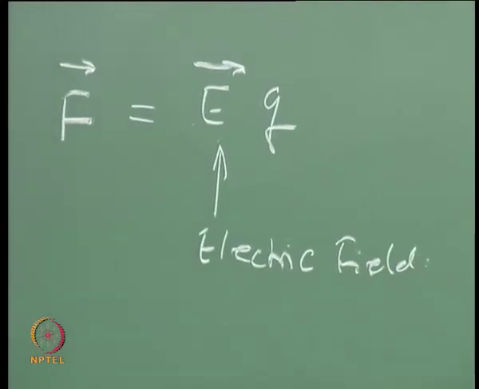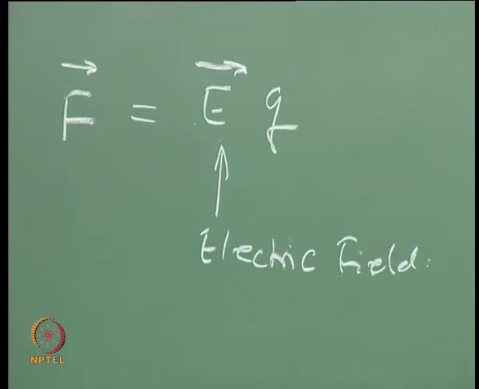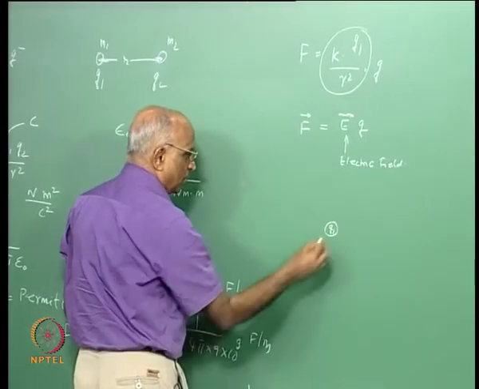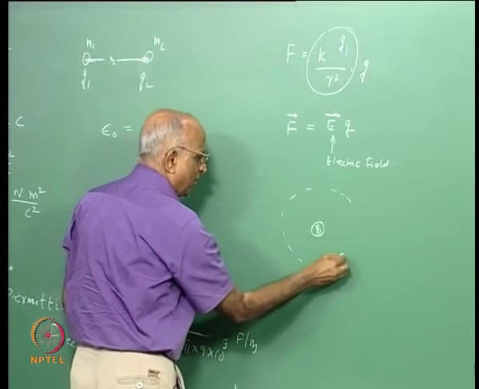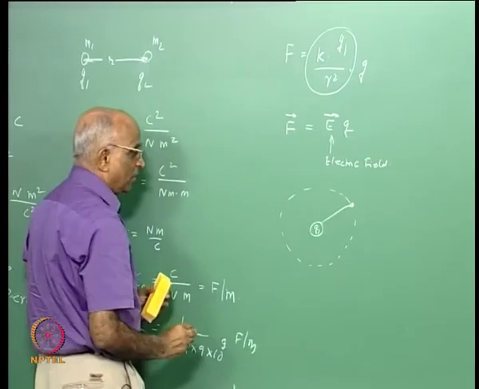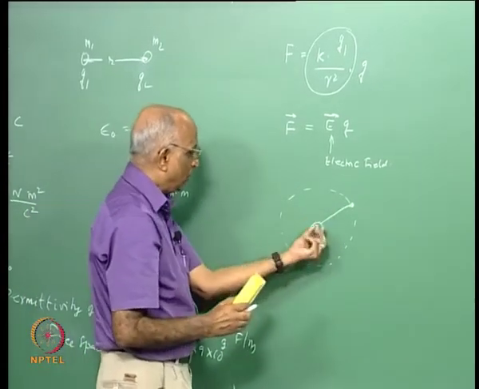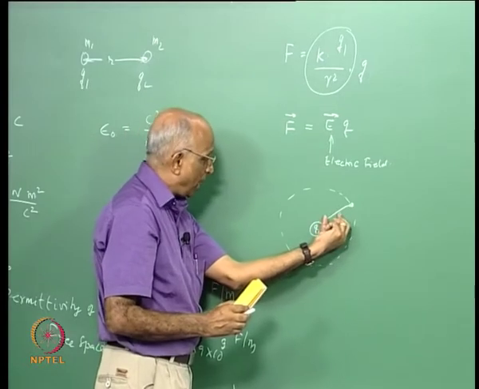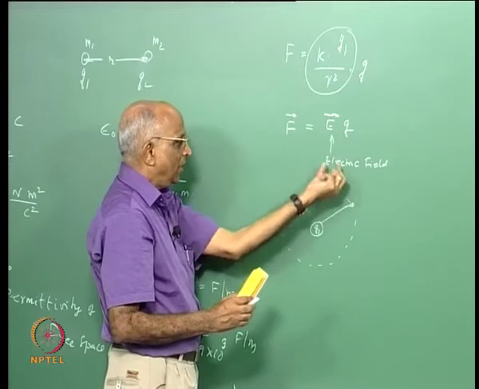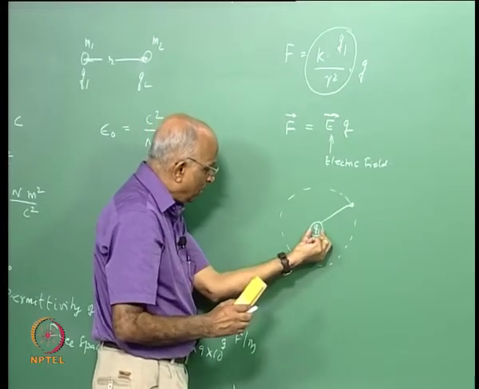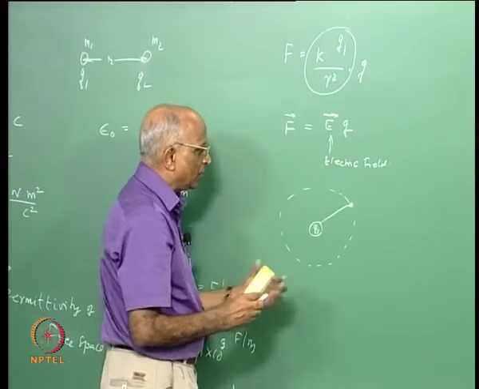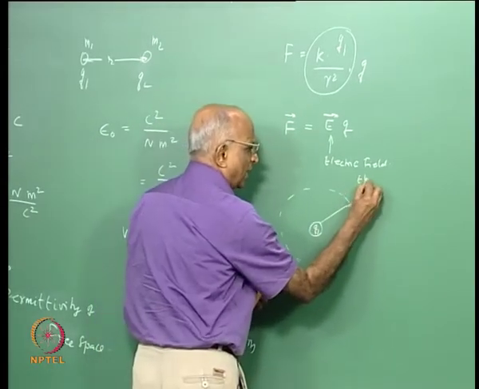Strictly it should be called an electrostatic field, because all what we are saying is I have a charge q1, the reference, maybe at a distance r away from it. I put my body on which I want to determine the force. I know the force is equal to q1 by r squared into the particular constant, which I call an electric field, and strictly since this charge is at rest, not in motion, it is actually an electrostatic field.